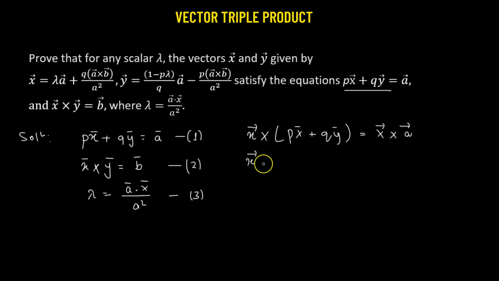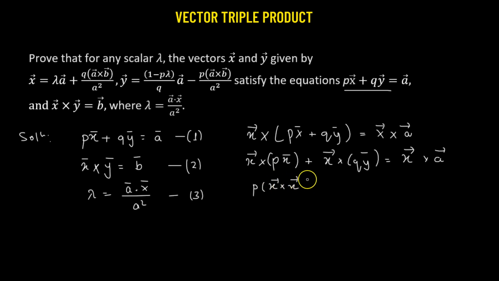We have p times x cross x plus q times x cross y, which equals x cross a. Now x cross x is going to be 0 because they are parallel vectors. So we're left with q times x cross y. But according to equation number 2, x cross y is simply vector b. So we have q b vector equals x cross a.